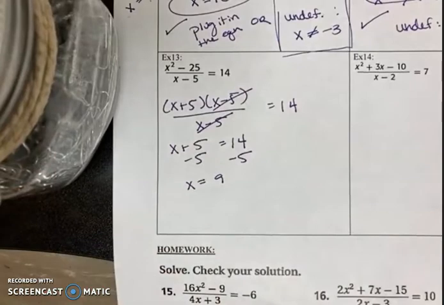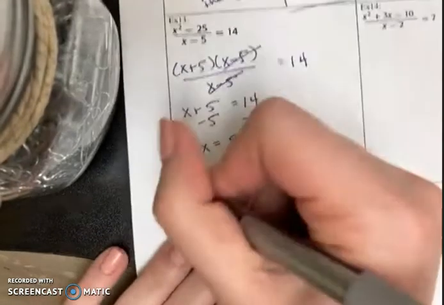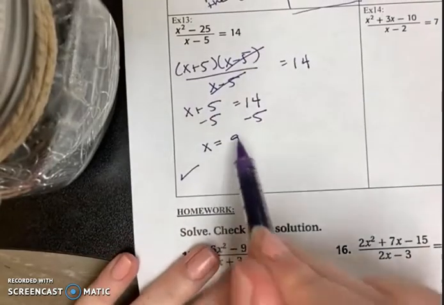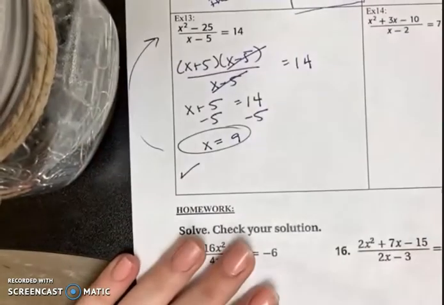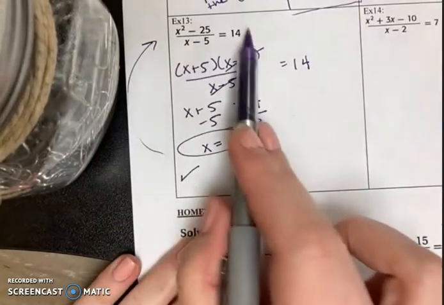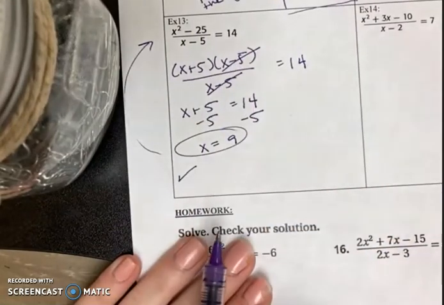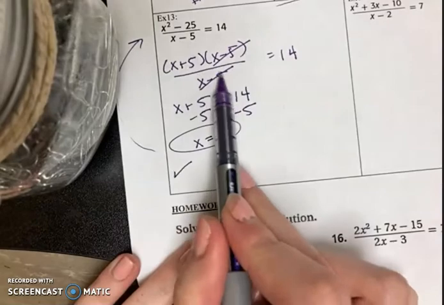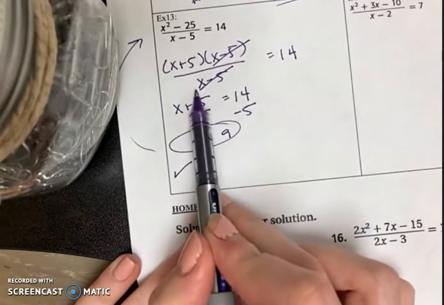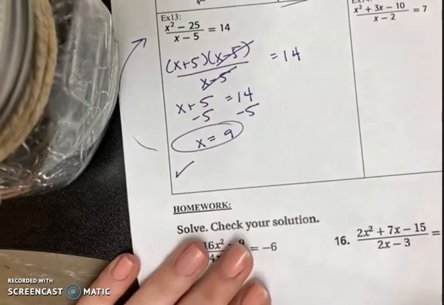If I were to check my solution, you have 2 options. You can plug 9 back into the original equation and see if it works or not, see if we really do end up getting 14. Or we can just find when the original denominator is equal to 0, and if it's not that number, it should be a solution.